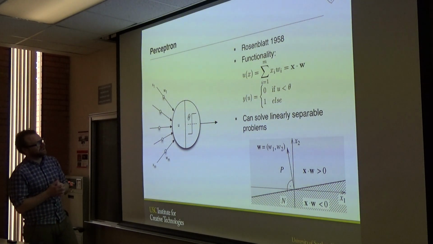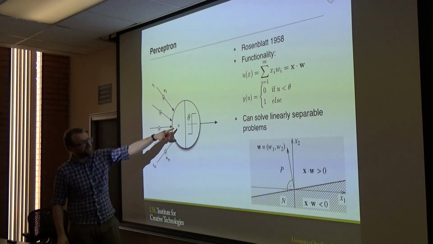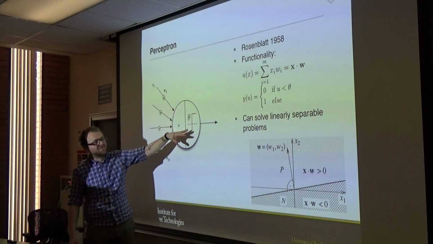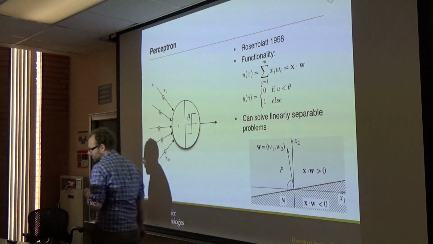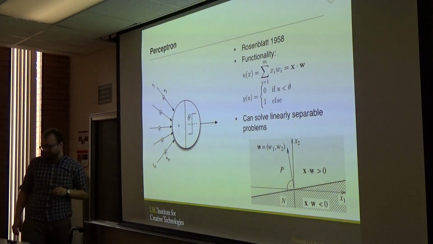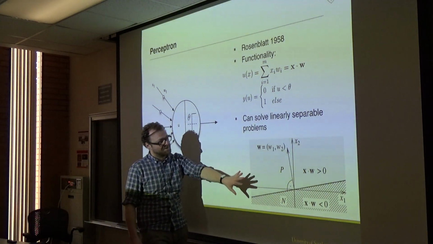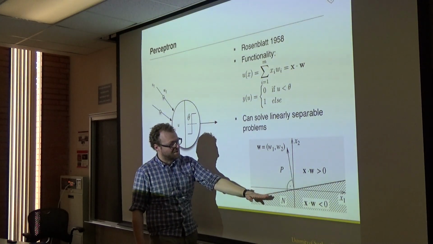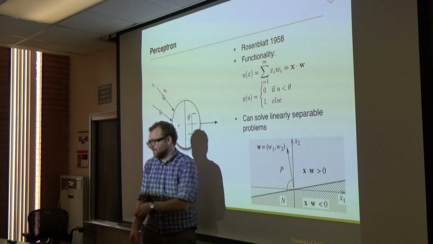It's called the perceptron. It has inputs, it has weights, it does the dot product again, and you apply a heaviside or a threshold function based off of a theta here, okay? And you can solve linearly separable problems where on one side of this discriminant that we learn here, you have positive values, and on the other side you have negative values.